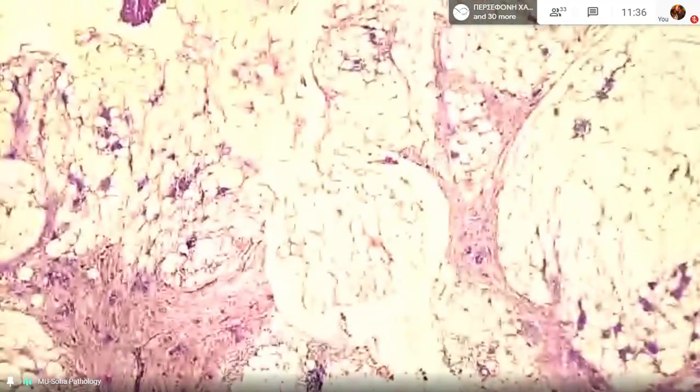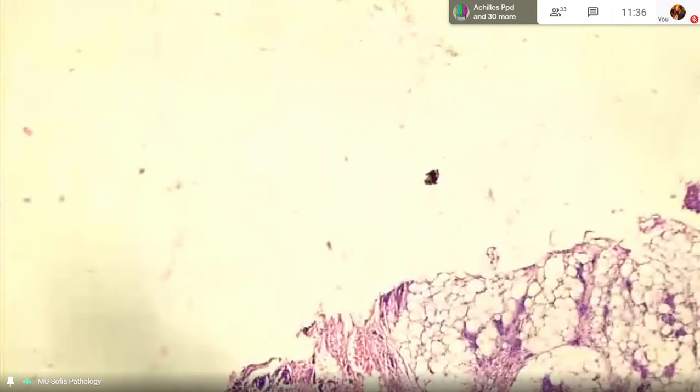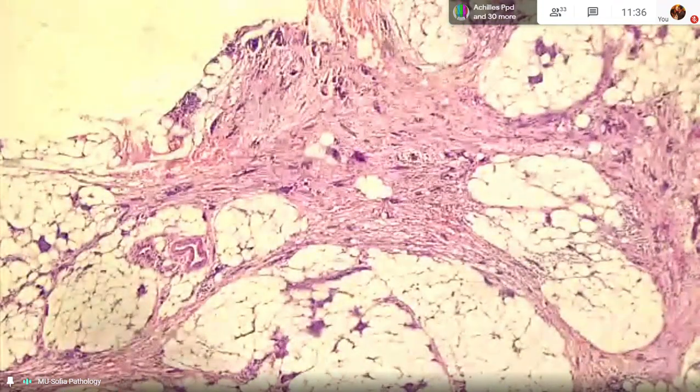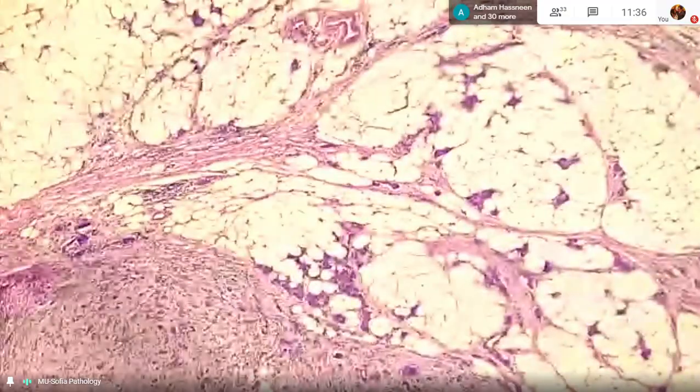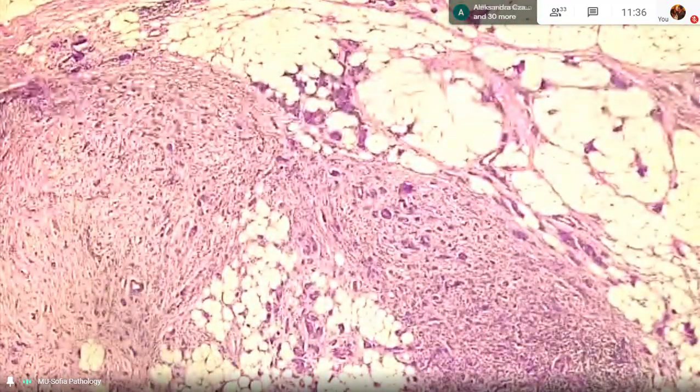So when you recognize the lymphoid tissue, you have to make differential diagnosis between the two lymph nodes. One is metastasis, like this one, and the other lymph node is with Hodgkin's lymphoma.